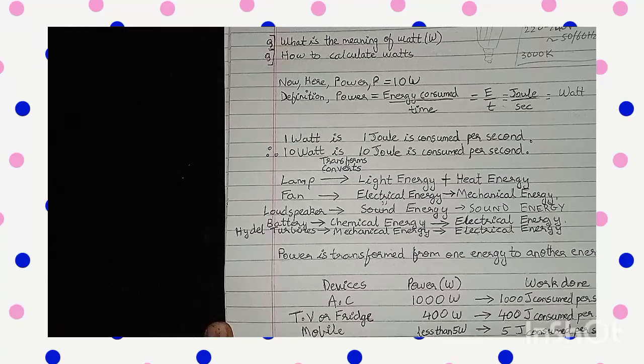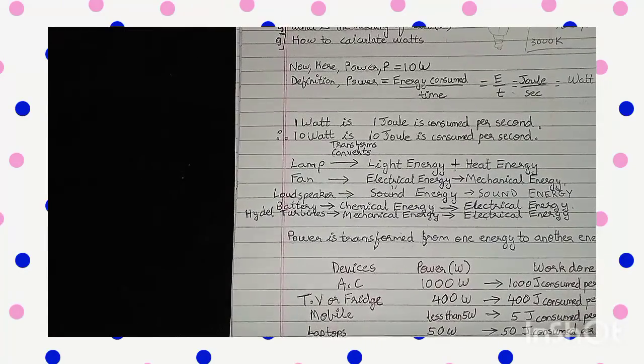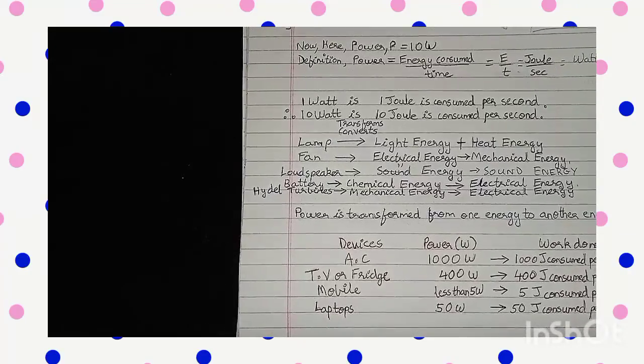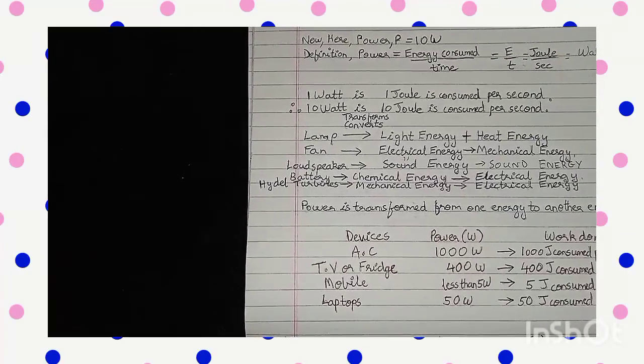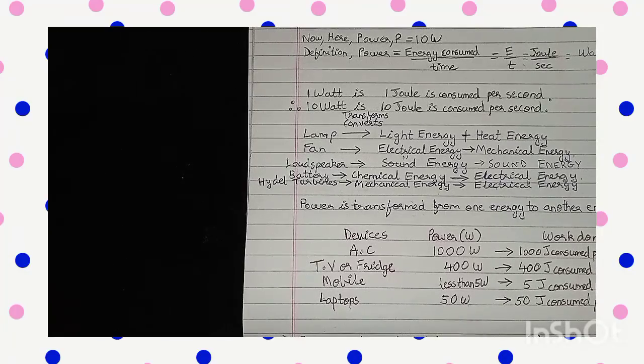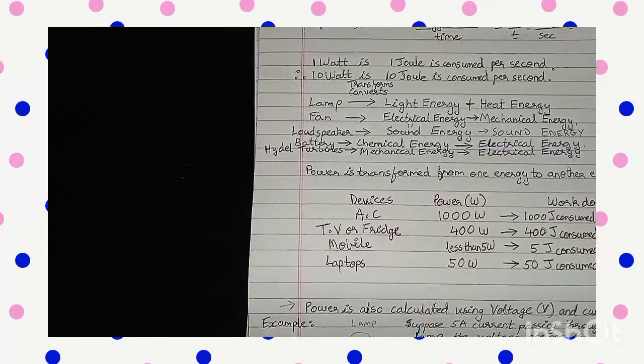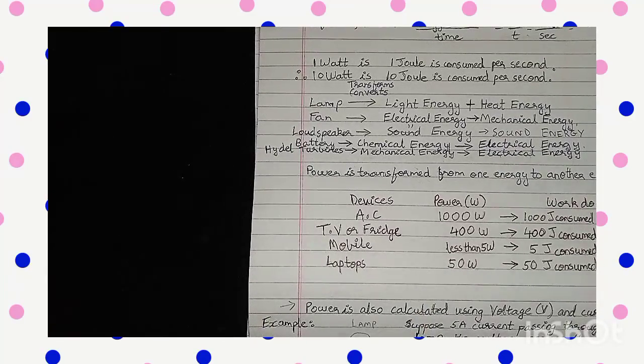Now, in order to calculate the watts, we need to understand certain things. This is elementary level. A lamp, you already know, emits light energy, plus if you touch any bulb it produces heat energy also. A fan converts electrical energy to mechanical energy.